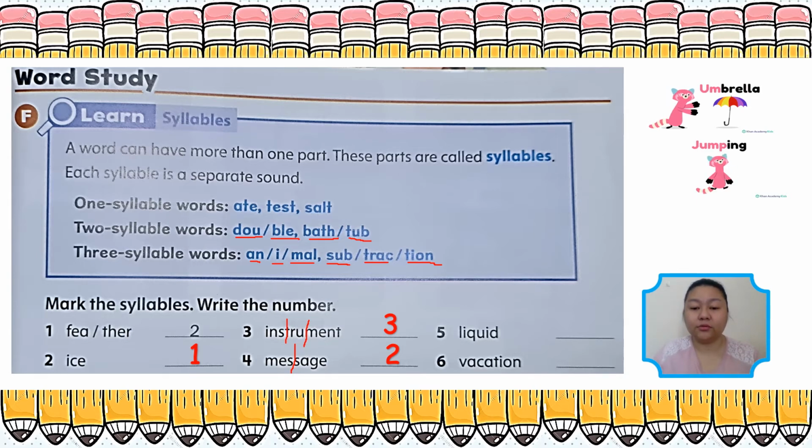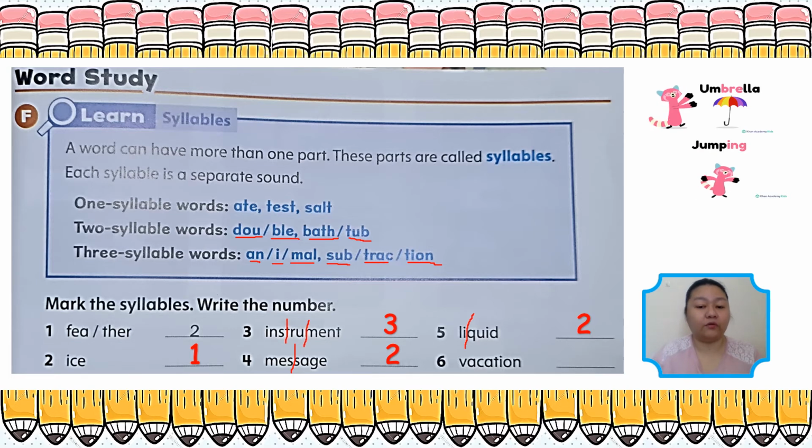Right? How about for the word liquid? How many syllables? Correct. Two. How are we going to separate it? Liquid. Two.